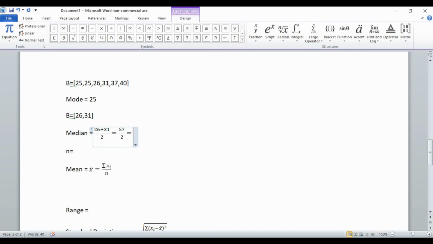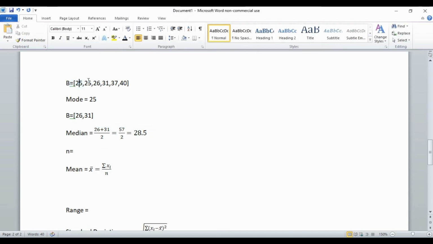So I am going to get 28.5 is going to be the median for these. Yes. There are 1, 2, 3, 4, 5, 6. There are 6 elements now.